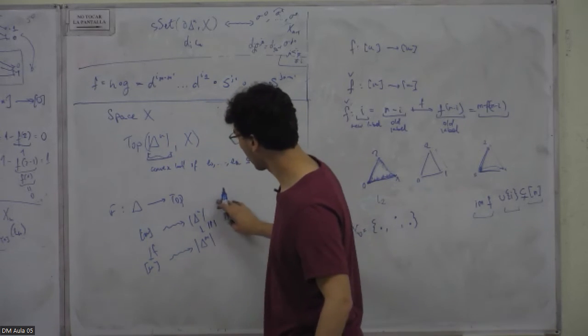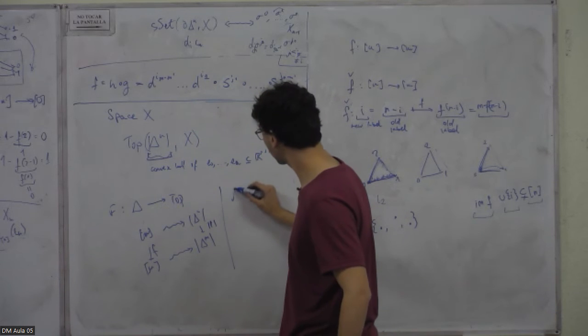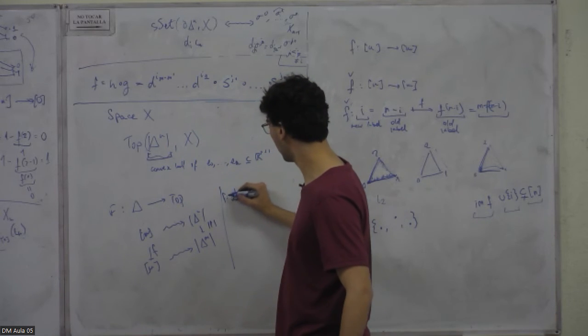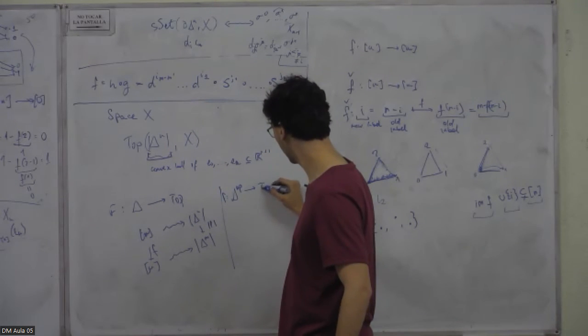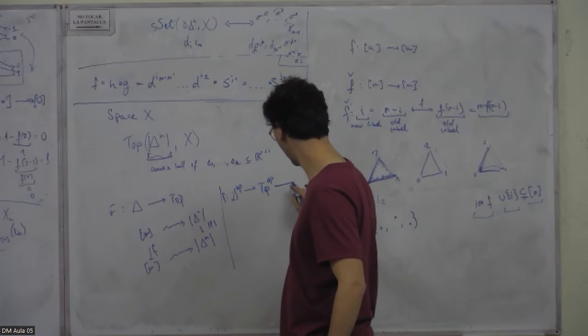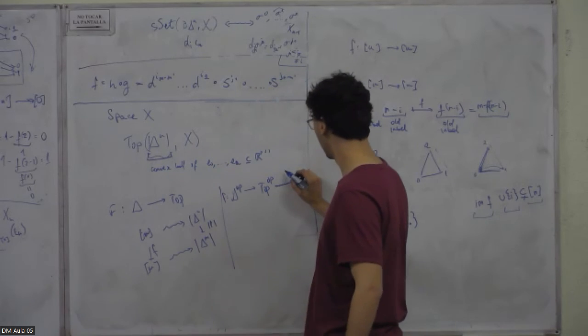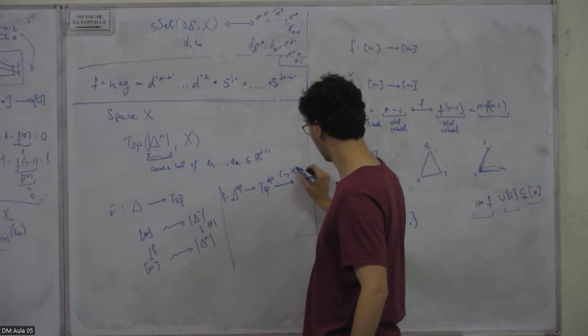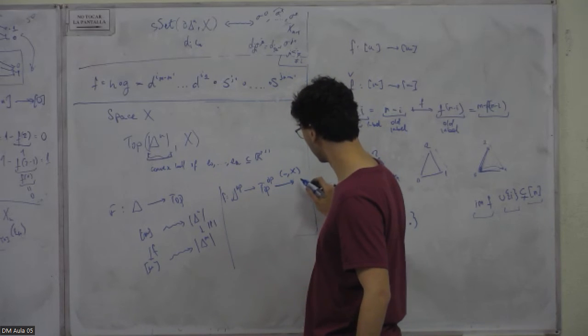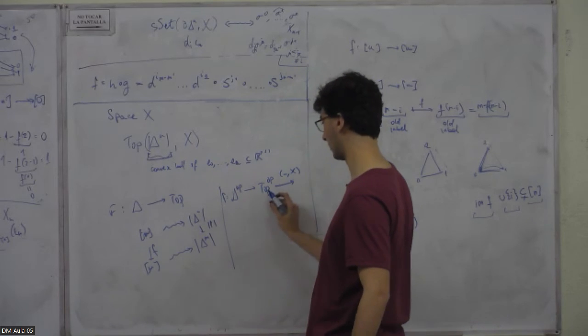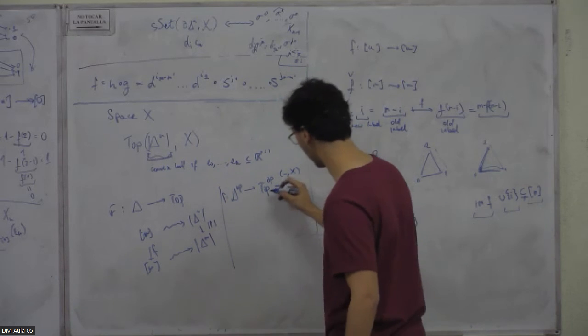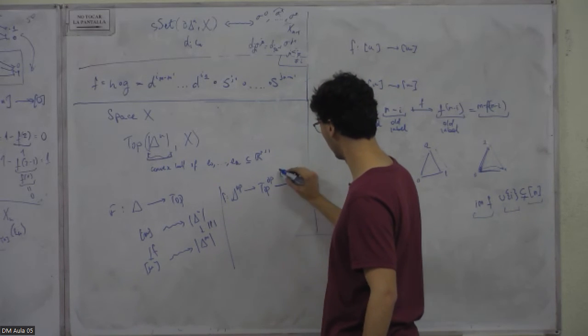So if you have this functor, you can consider the same functor but from the opposite category, and you can post compose it with this functor, which is contravariant, so it goes from the opposite category of Top to Set, right?